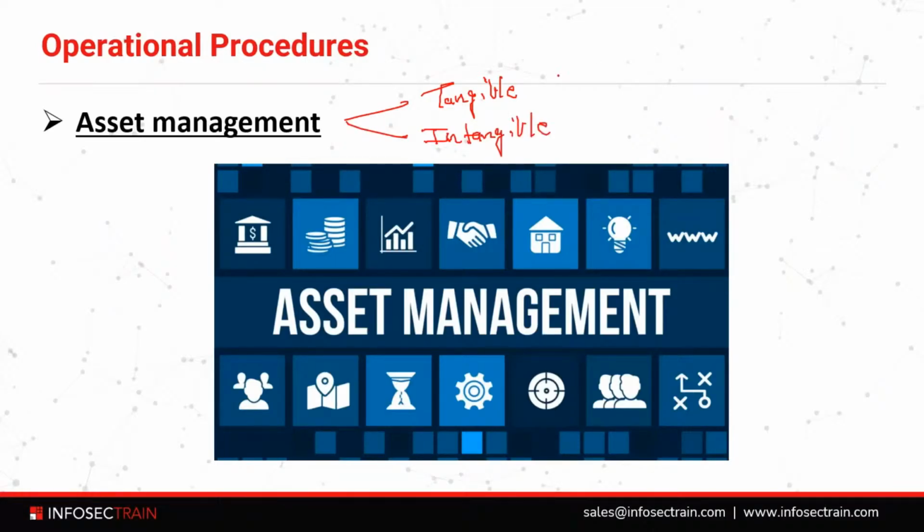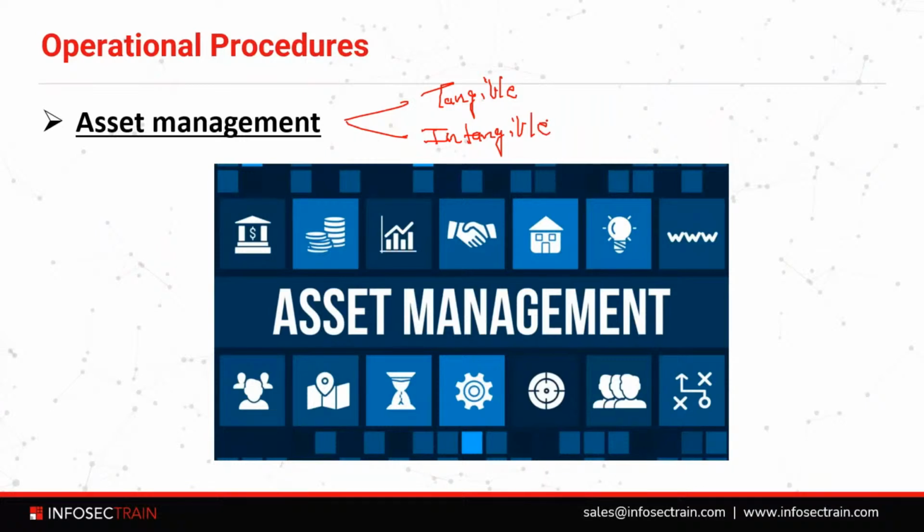Tangible means anything that you can touch or feel and it holds some value for you. It can be any hardware like your mobile phone, your laptop, anything. That's tangible. Intangible means something which you cannot touch or feel, but still holds some value for you.